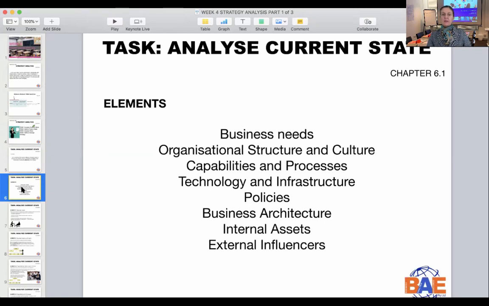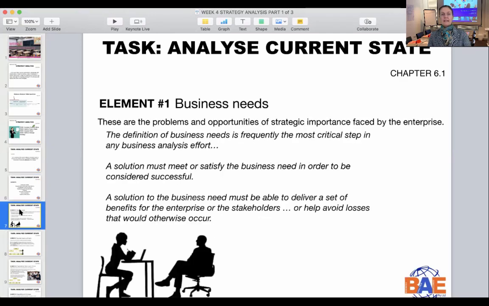We'll start by looking at business needs. Then we'll look at organizational structure and culture, capabilities and processes, technology and infrastructure, policies, business architecture, internal assets, and external influencers. But let's start now with the first element, business needs.